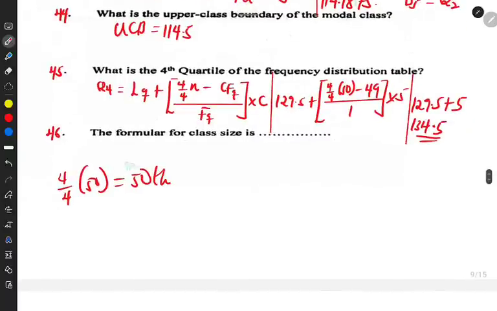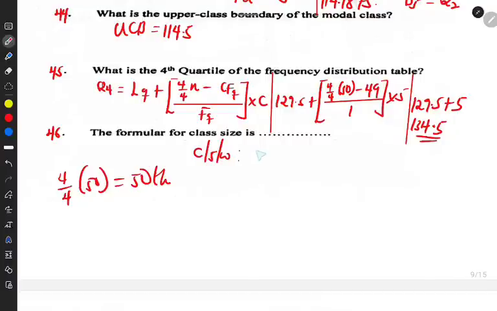Then question 46. The formula for class size: how do you calculate class size? For us to get class size or class width, if you have been given class size or class width with that option, you have two formulas to state.